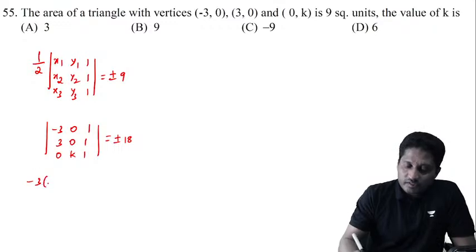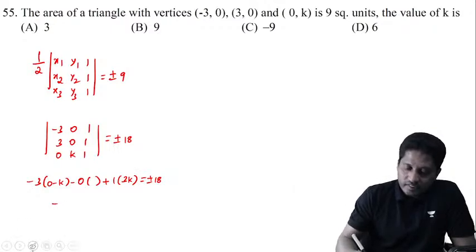Minus 3 into, deleting first row first column, 0 minus k, minus 0 multiplied by a number is 0. And then this is 3k is equal to plus minus 18. So this is 3k plus 3k, equal to plus minus 18.